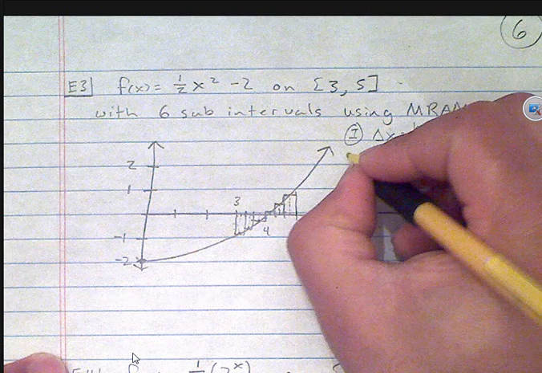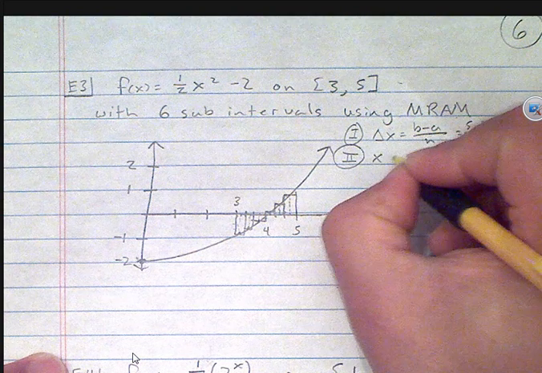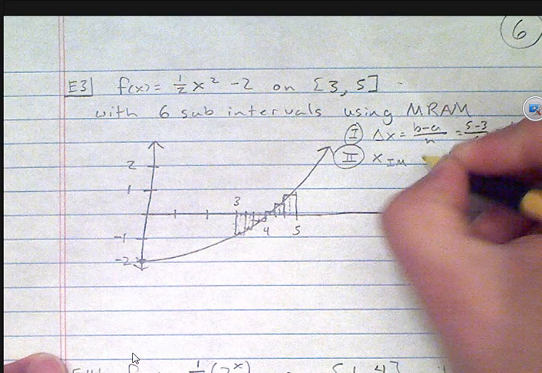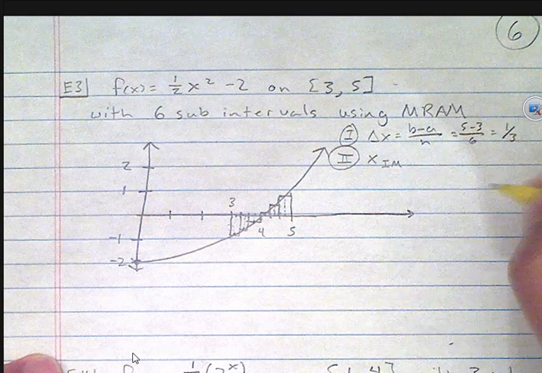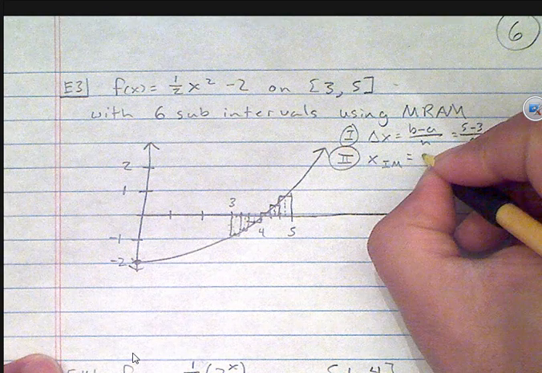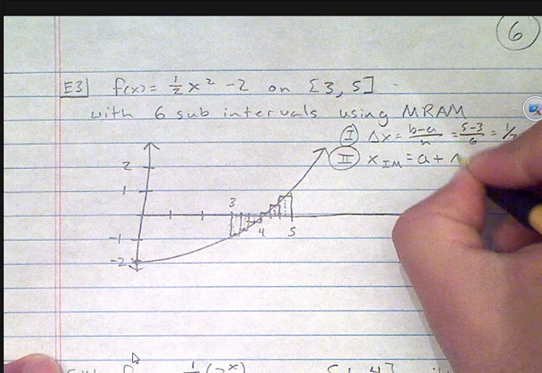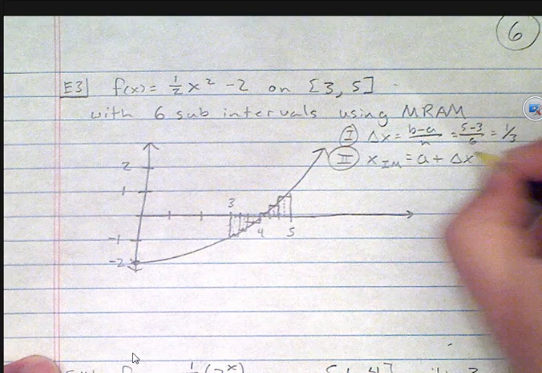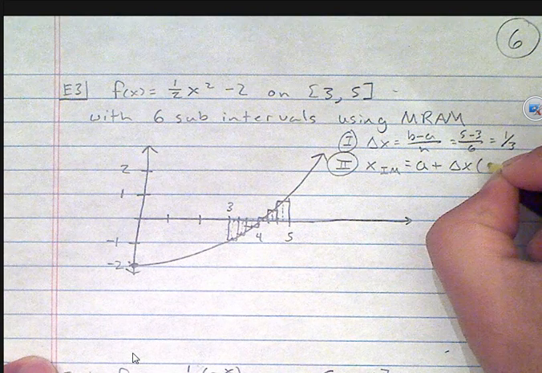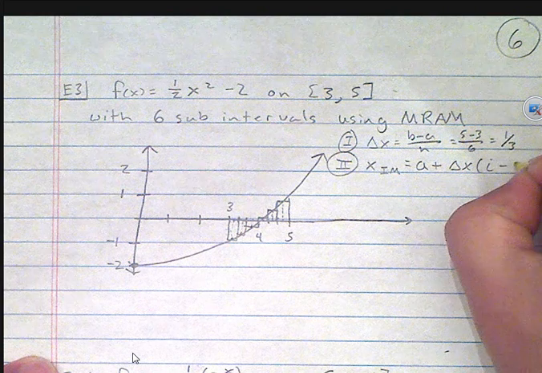Step 2. Alright, find x of I, m. Okay, so x of I, m is equal to a plus delta x times i minus 1/2.